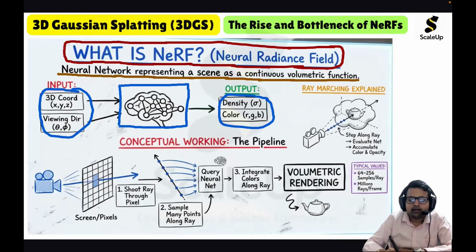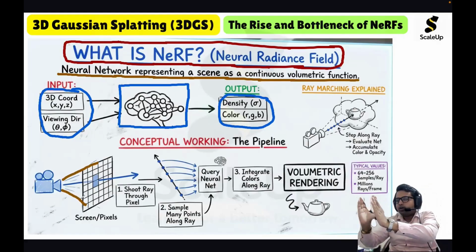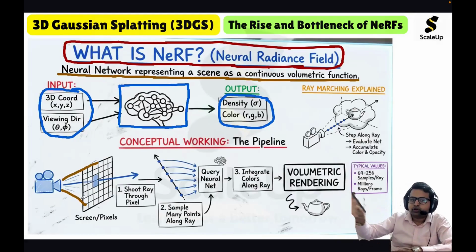Now, how does neural radiance field work? The idea is that we shoot a ray from the camera through each pixel. This ray will give us the viewing direction, because whatever angle we want to generate the scene from, we will point at that angle. We call it shooting the ray.